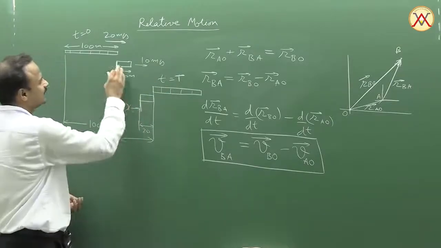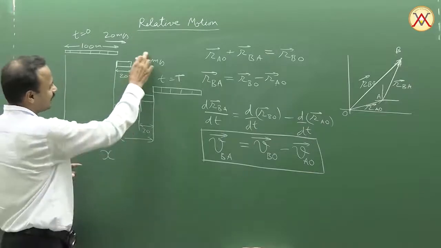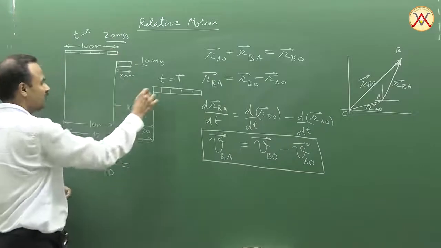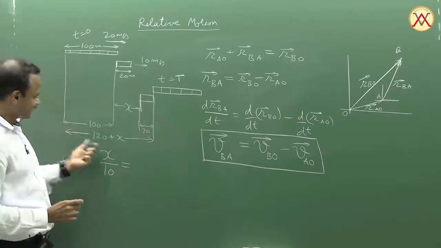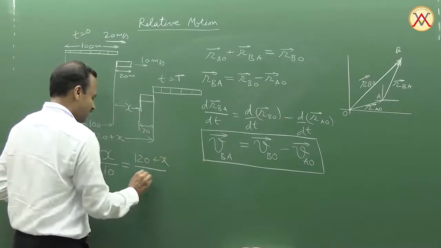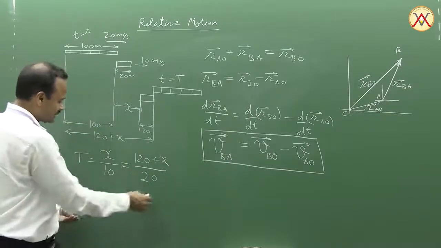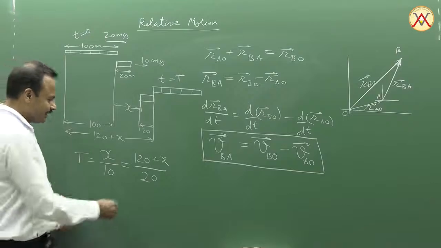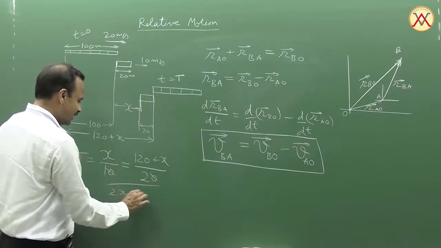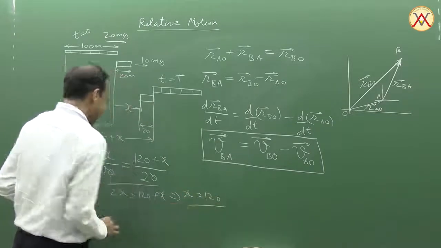For the bus, it will be the distance travelled, or the displacement, x divided by the speed 10. So, this is the time taken by the bus from here to here, and in the same time the train has travelled a distance of 120 plus x and the speed of the train is 20. So, these are two equations, you can solve for x and t. If you solve this, you can cancel the 0 here and you get 2x equal to 120 plus x, giving us x equal to 120.